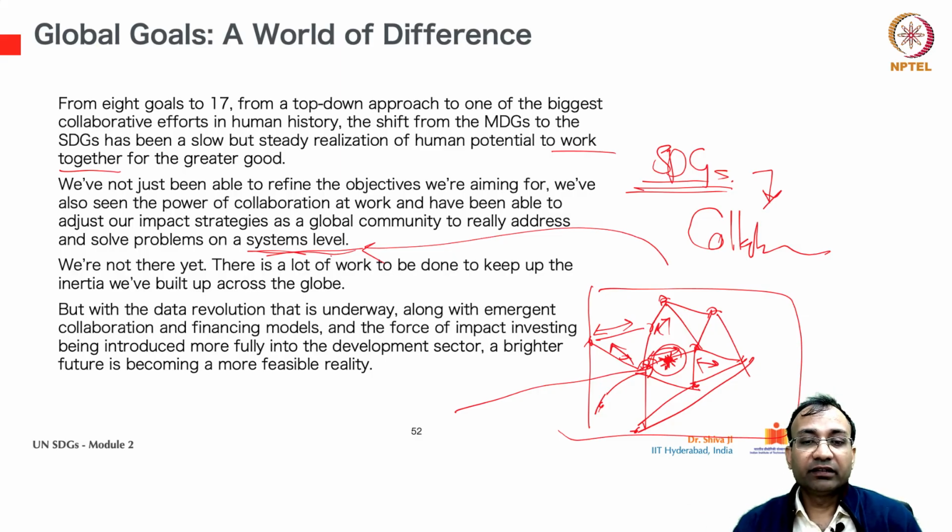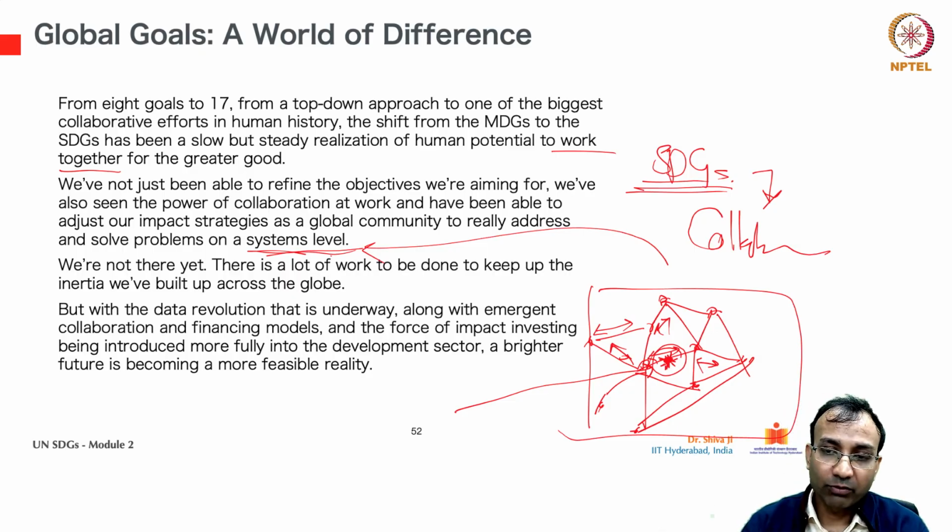Well, we are not there yet. There is a lot of work to be done to keep up the inertia we have built up across the globe, but with the data revolution that is underway, along with the emergent collaboration and financing models and the force of impact investing being introduced more fully into the development sector, a brighter future is becoming a more feasible reality. So the SDGs definitely carry immense potential to formulate this mechanism out of those 230 targets and action points, all of them coming together, 169 targets.